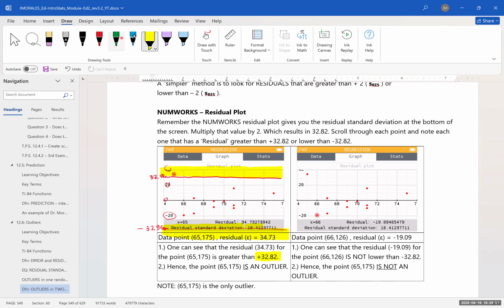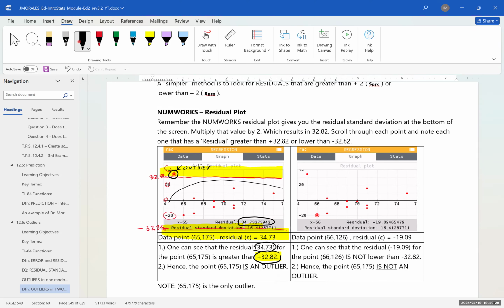And just like what we just did with the Texas Instruments calculator, you can see that this point right here is clearly above 32.82. But in the NumWorks calculator, it just gives you the value of the residual for that data point. So the residual of that data point was 34.73, and you can see 34.73 is greater than 32.82, which means that point is an outlier.